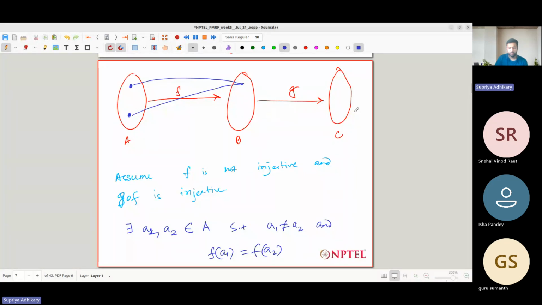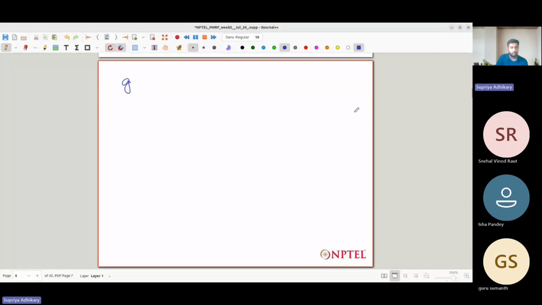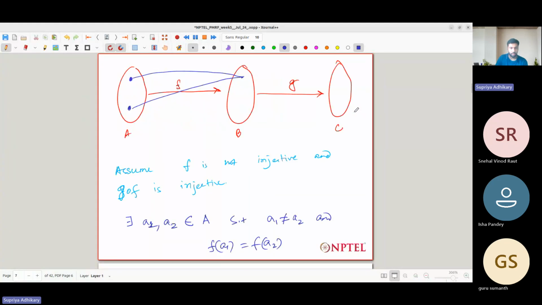And if this is true, then now what is g compose f of A1? That should be g of f of A1, and similarly g of f of A2. Now, what we have seen here is that f of A1 and f of A2 are equal.